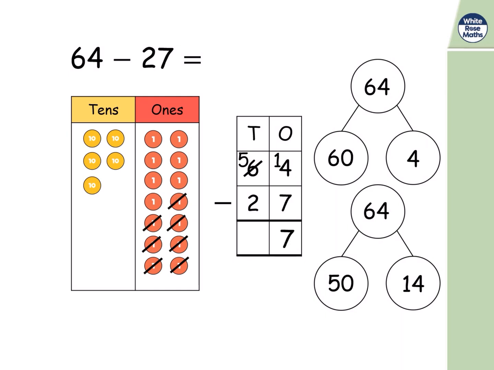Brilliant, and that leaves me with 7 ones. And now the tens. 5 tens subtract 2 tens. 1, 2, I've got 3 tens left over. 64 subtract 27 is equal to 37.